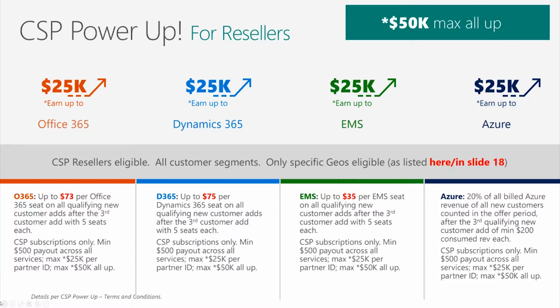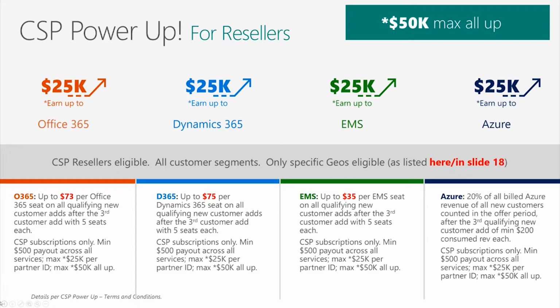And then once you get the 3 deals with 5 seats or more, everything after that counts and will qualify for cashback. So even single seats, 1s, 2s, 3s, they'll all count once you have the initial 3 deals with 5 seats or more. And that's across 365, Dynamics, EMS and Azure. The way Azure works, it's 20% of all billed Azure revenue on new customers counted in the offer period.